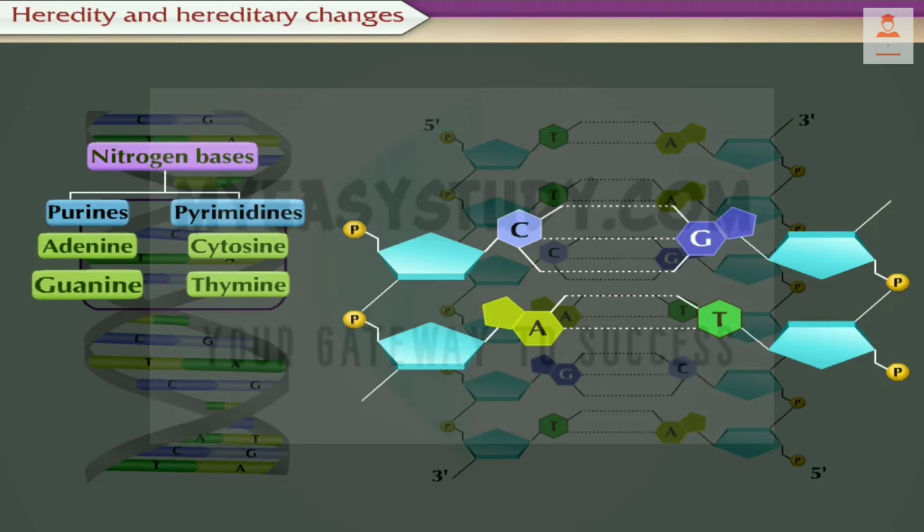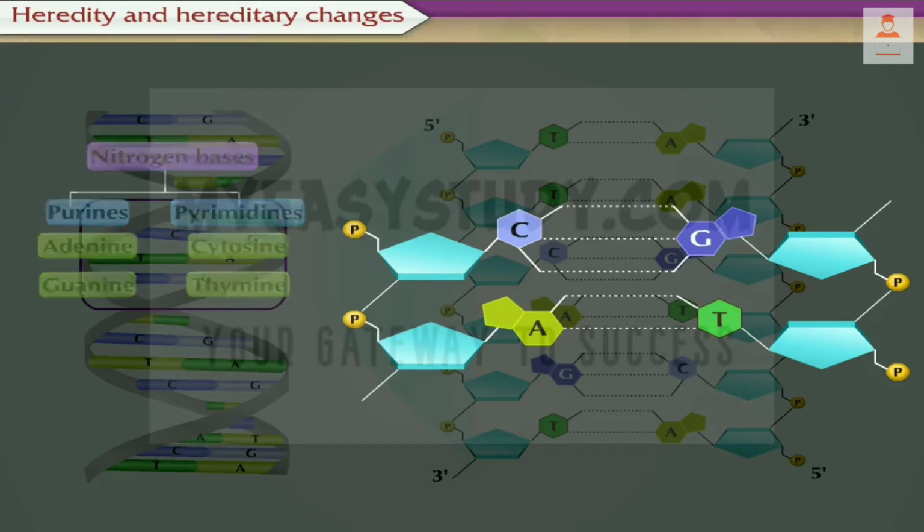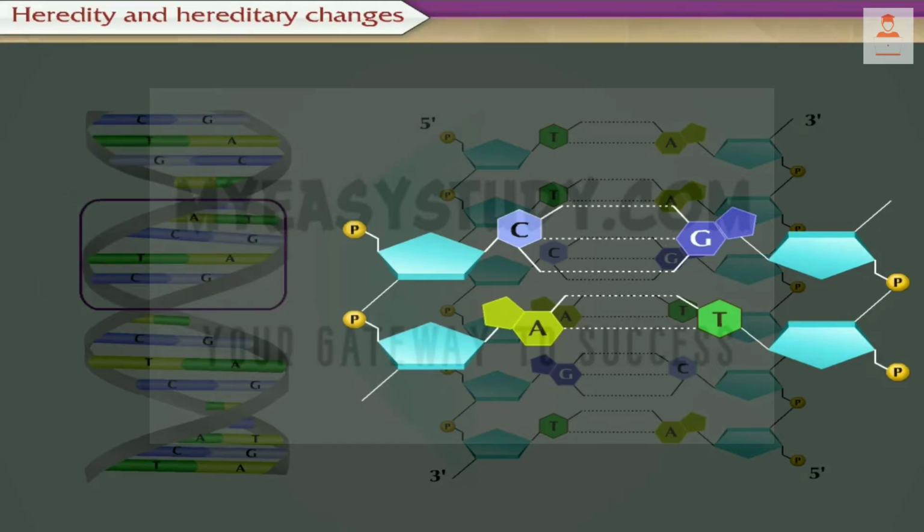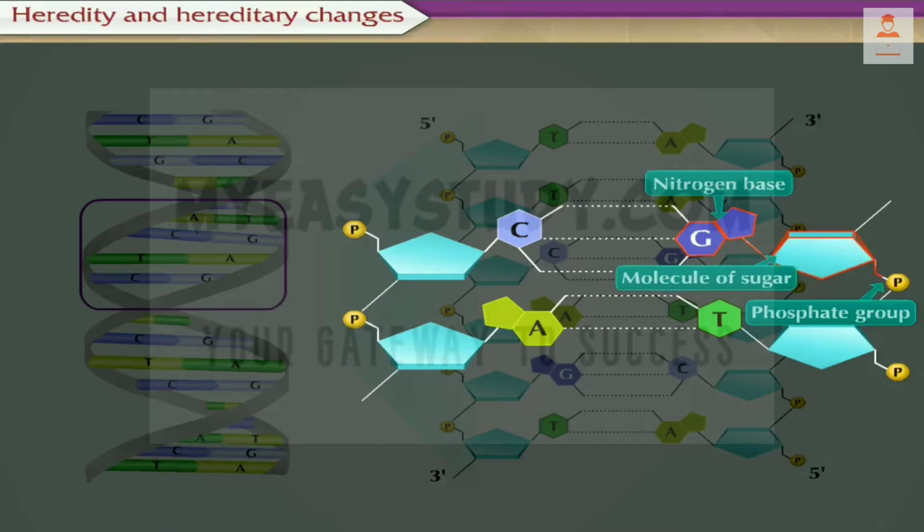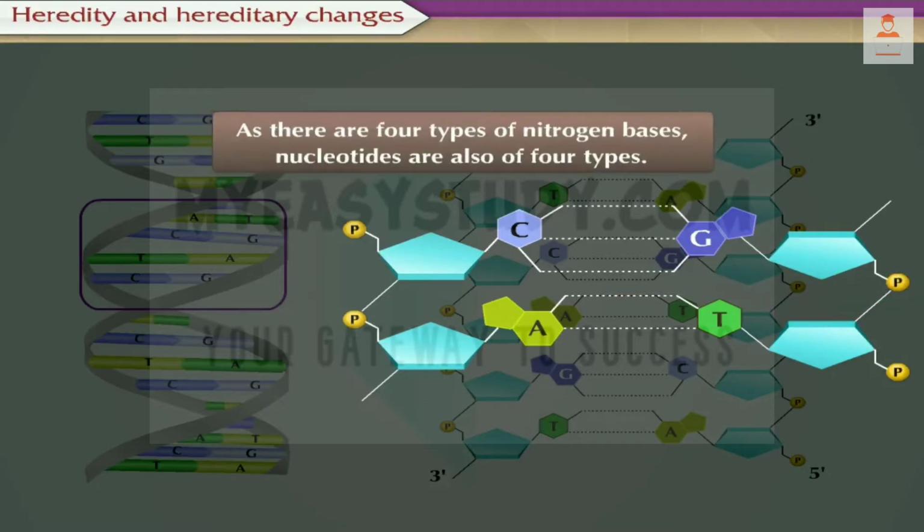Adenine and guanine are called purines, while cytosine and thymine are called pyrimidines. In the structure of a nucleotide, a molecule of a nitrogen base and phosphoric acid are each joined to a molecule of sugar. As there are four types of nitrogen bases, nucleotides are also of four types.